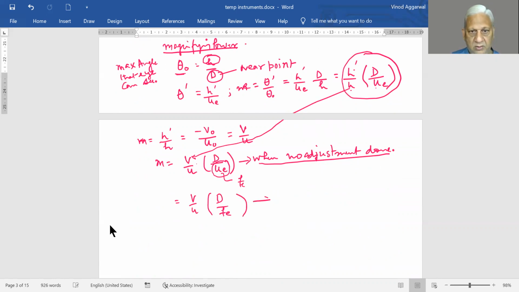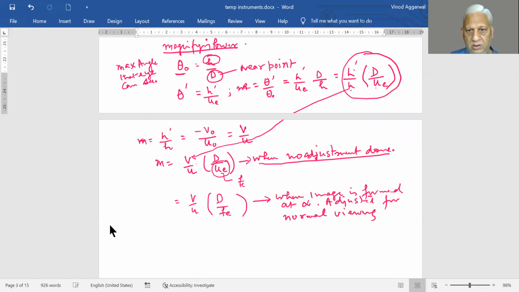This is the case when the image is formed at infinity, and we call this condition adjusted for normal viewing. In this case, the eye is most relaxed.